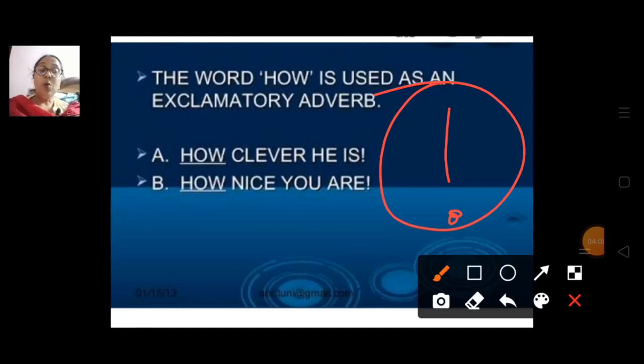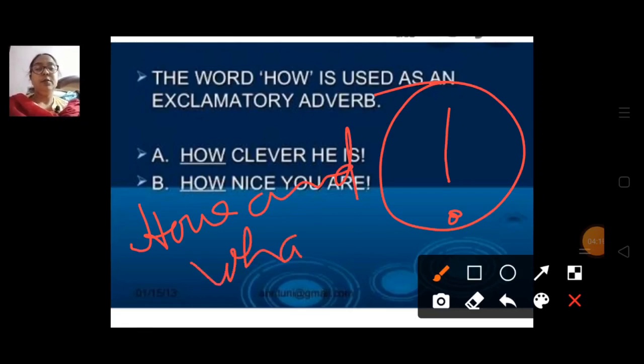So, how and what are exclamatory adverbs. These two words can show the extent, express degree or extent in exclamation.